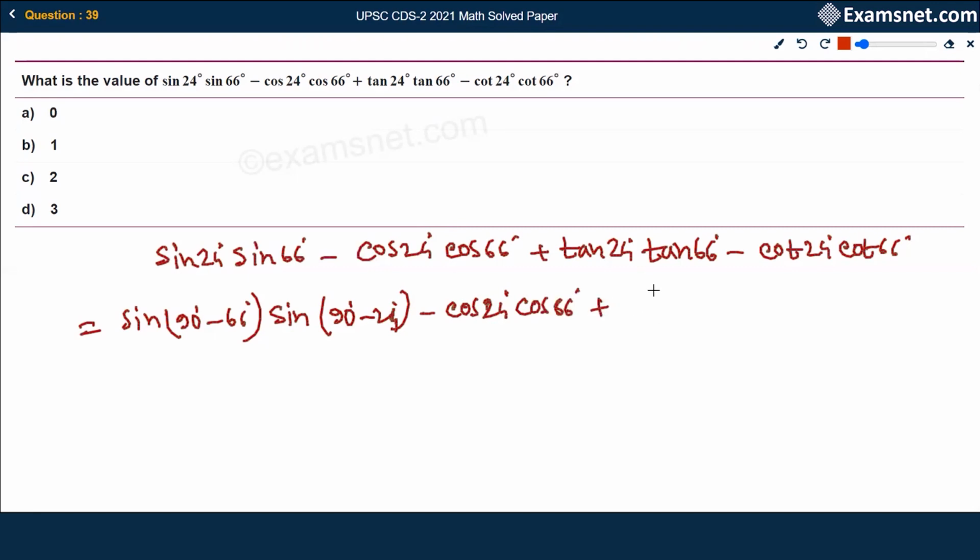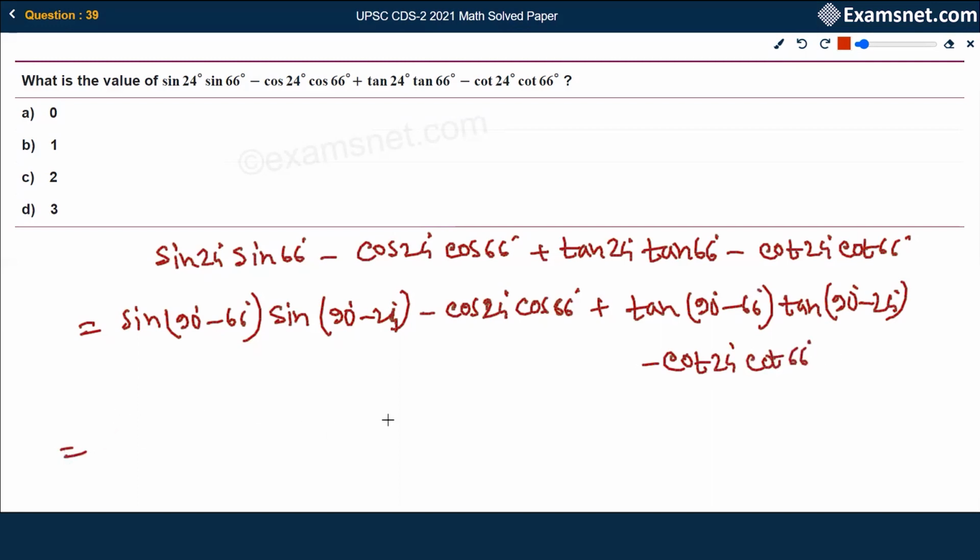Next, tan of 90 degree minus 66 degree and tan of 90 degree minus 24 degree, and we will keep cot as it is.